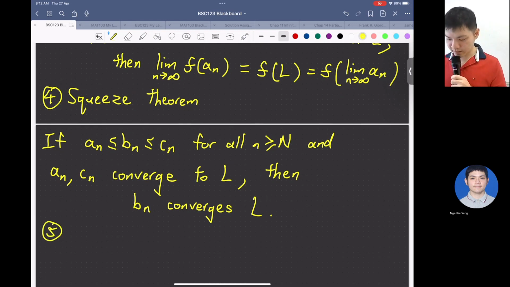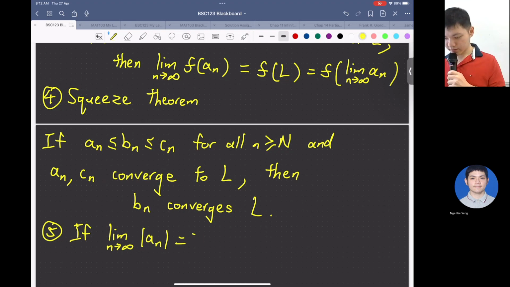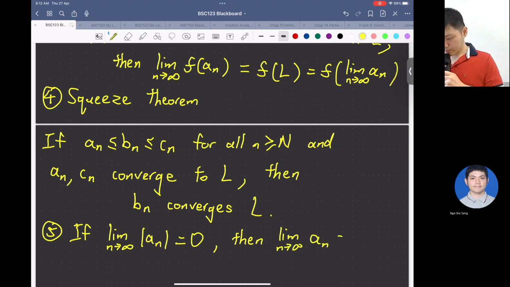One consequence of this squeeze theorem is if you happen to know the absolute value of a_n converges to 0, then the original sequence converges to 0.